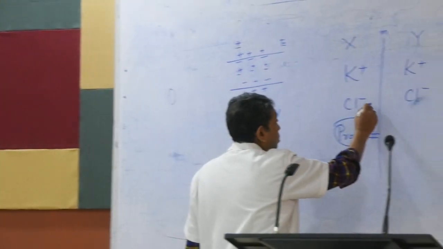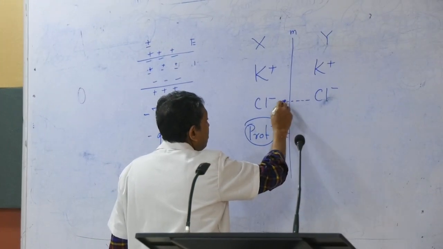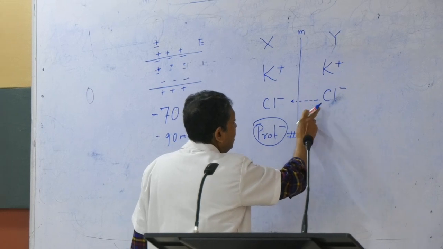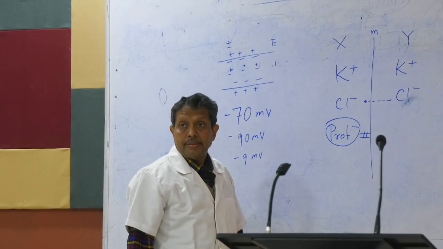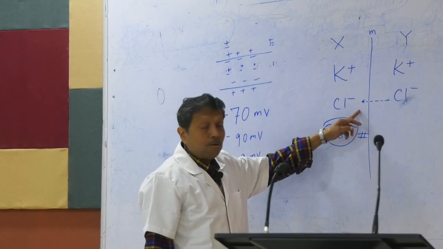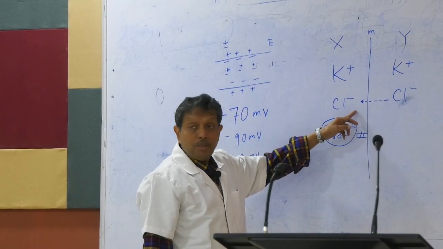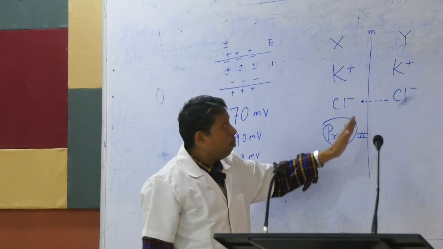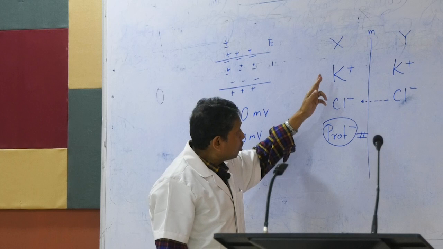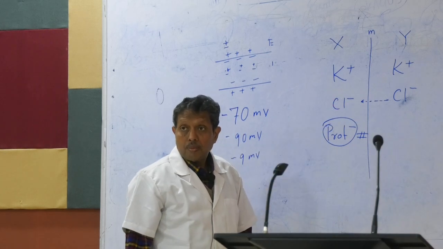There is some chloride channel, and some amount of chloride comes from the Y compartment to the X compartment.